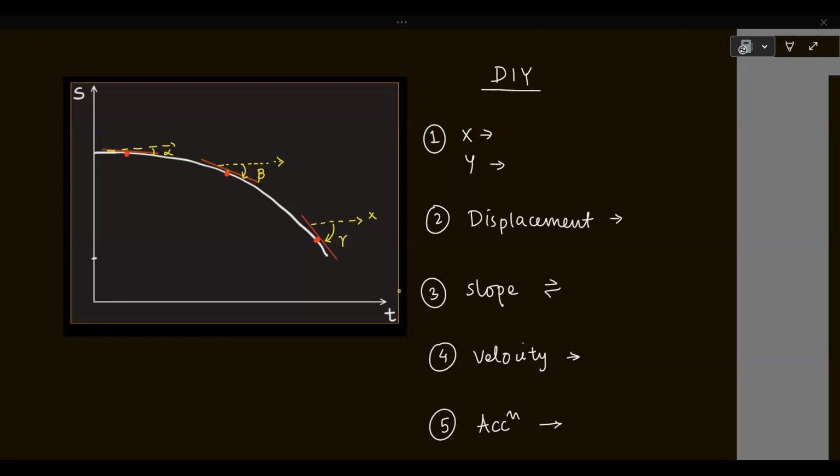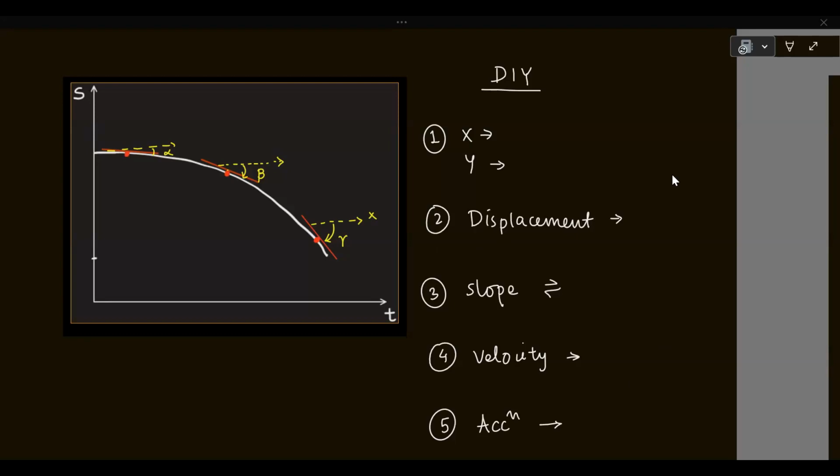Yes, slope is decreasing negatively. Yes, you can say that. Okay, let's just check all your answers.